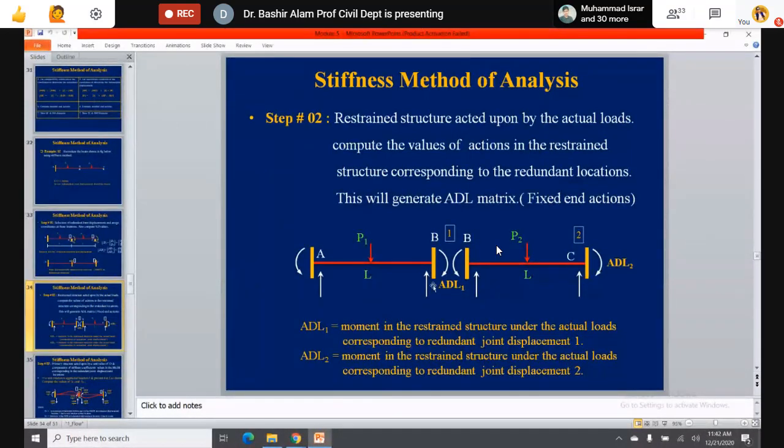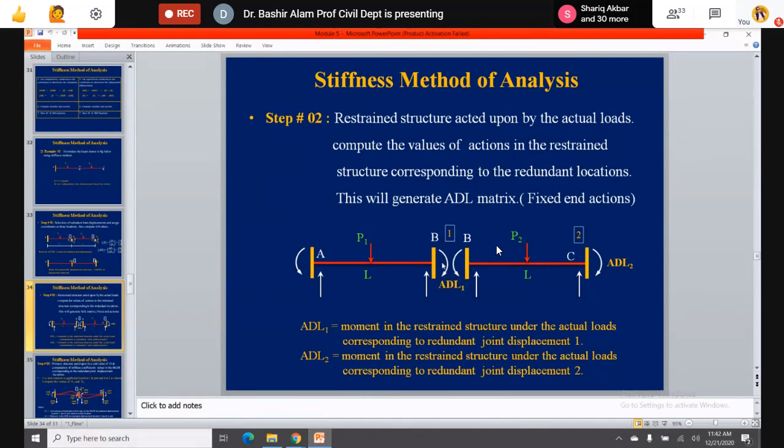Now, corresponding to D1, if you see, we will be having this movement clockwise. From this AB, we'll be having this clockwise movement, and it is in the direction of the assumed D1, so it will become positive. And then at the same location from BC span, we have this counterclockwise, so this will become negative.